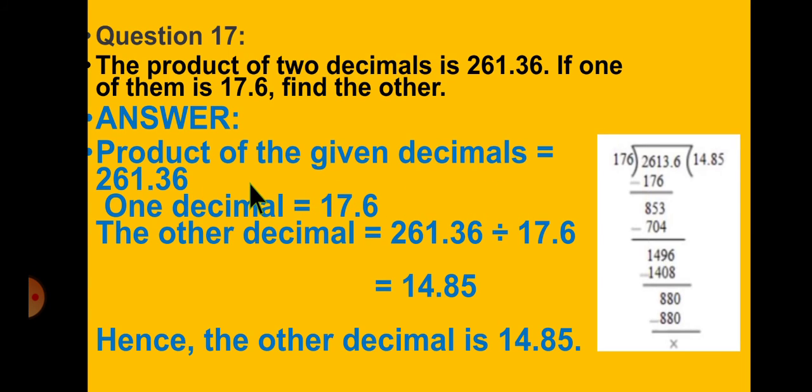Product means the result of multiplying. So the product of the two decimal numbers is 261.36, and one number is also given, which is 17.6. To find the other, we will divide. 261.36 divided by 17.6, so we will get 17.85.